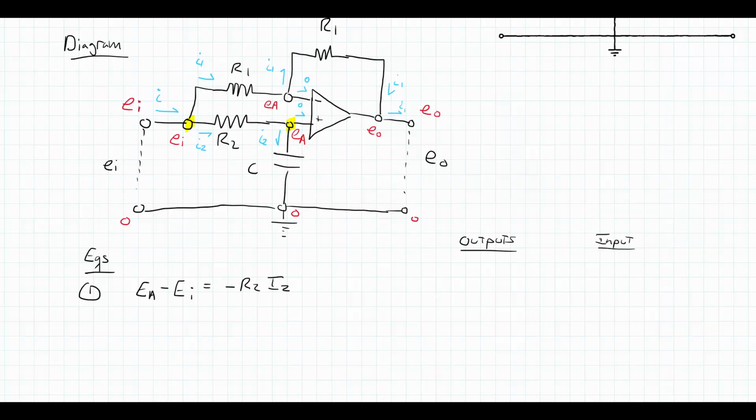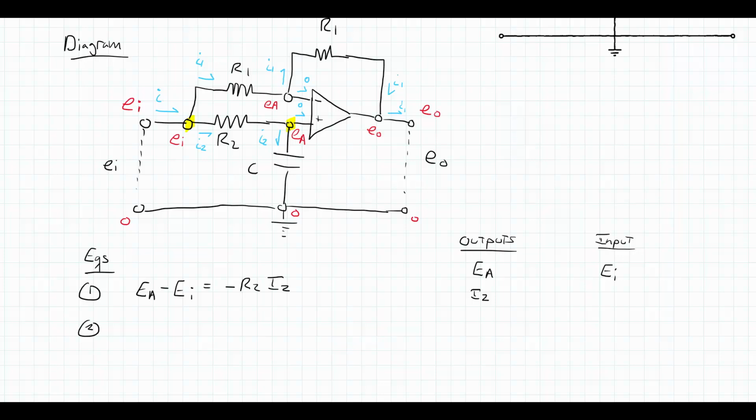All right, so EI is in here, so I do have an equation with my input, which I need, and I have an output here of EA, which is, again, the voltage at those input nodes into the op amp. I don't need to know it, but I have it here. And current I2, which is here, and I'll be able to solve for it. So definitely need more equations, as I have only one equation and two outputs, and neither output is the one I ultimately need, that EO.